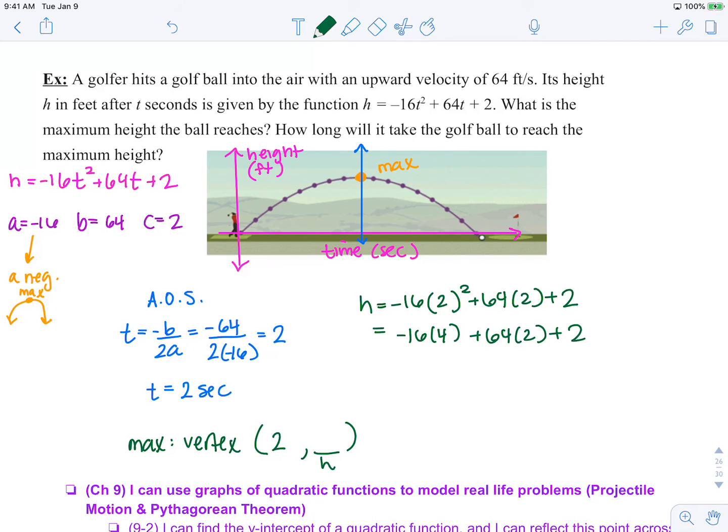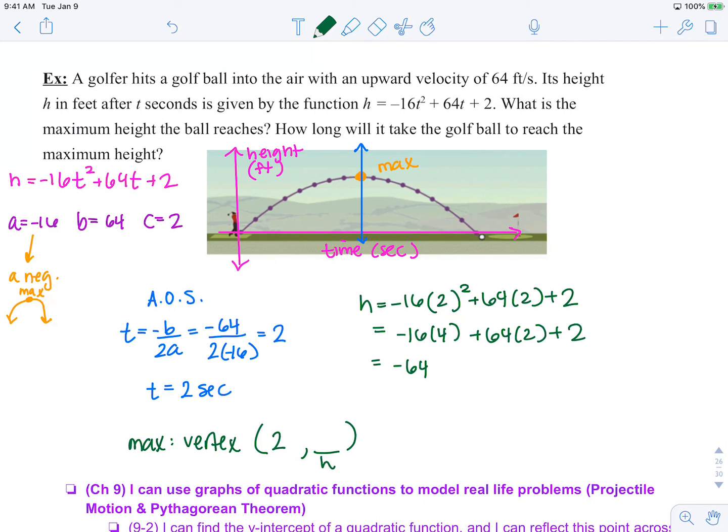Multiplying that, that's going to be negative 64 plus 128 plus 2. So that, going from left to right, is 64 plus 2, which is 66.